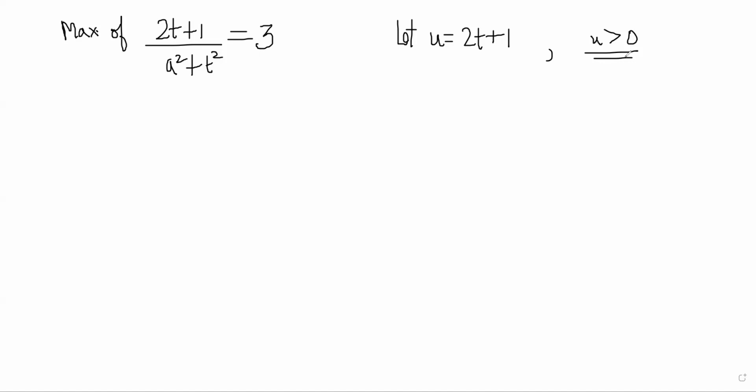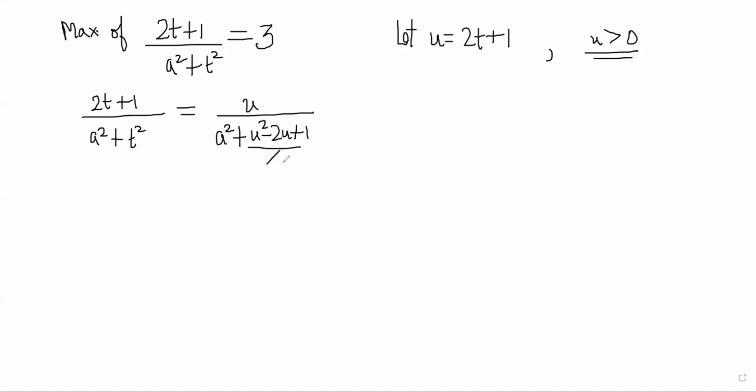So (2T plus 1) by (A square plus T square) can be written as u by (A square plus, instead of T, u minus 1 by 2 whole square). So this is u by (A square plus (u square minus 2u plus 1) by 4), which is basically 4u by (4A square plus 1 plus u square minus 2u).